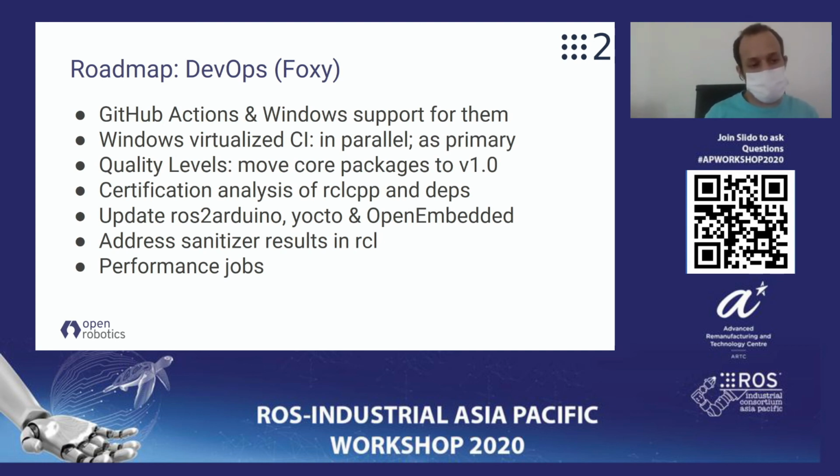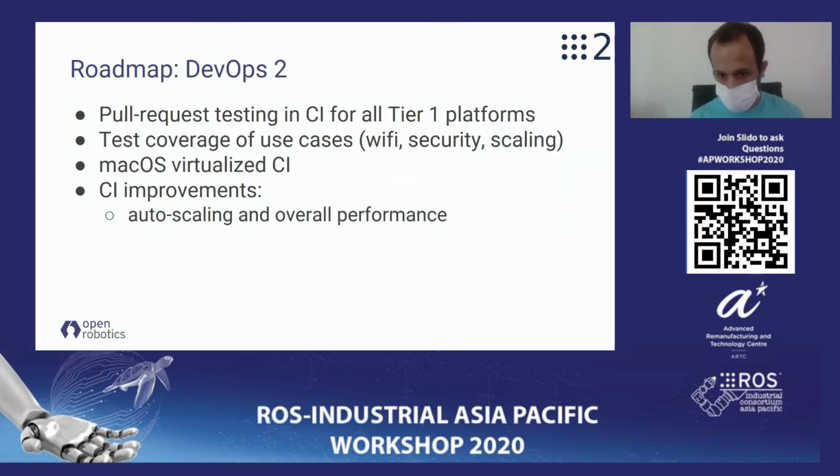An update to ROS2 Arduino, Yocto and OpenEmbedded has been done also. And some sanitizer results in RCL have been addressed, with the idea of fixing potential deadlocks, data races, and memory leaks. So next.